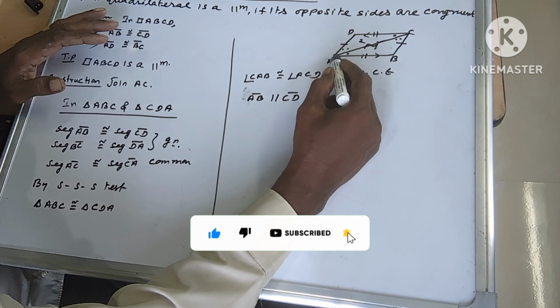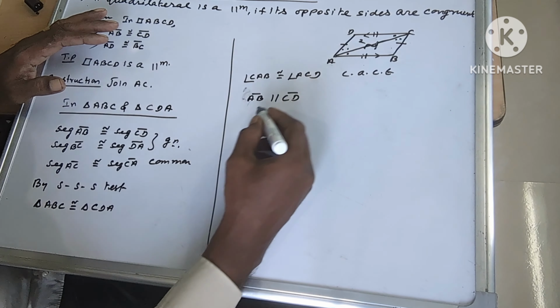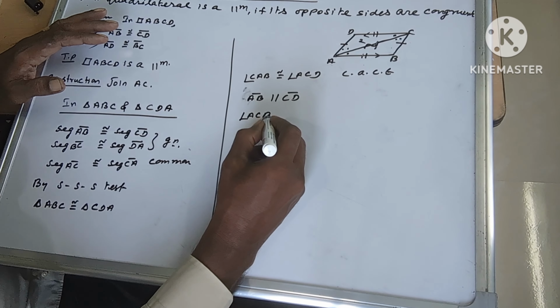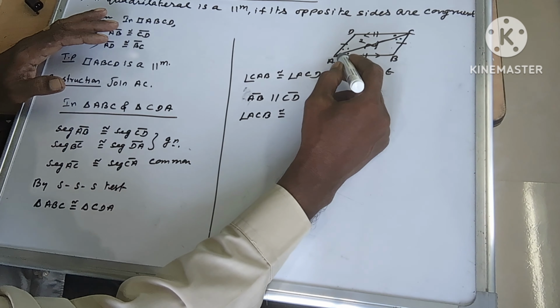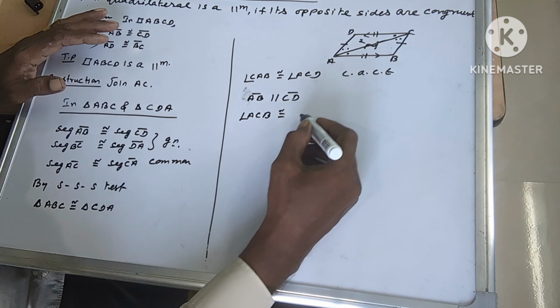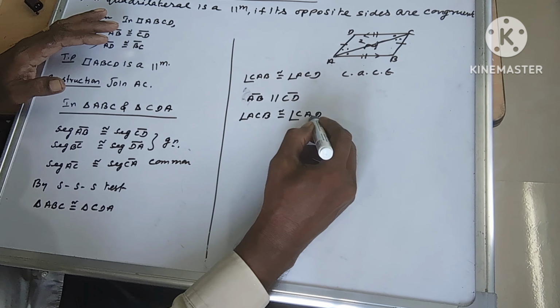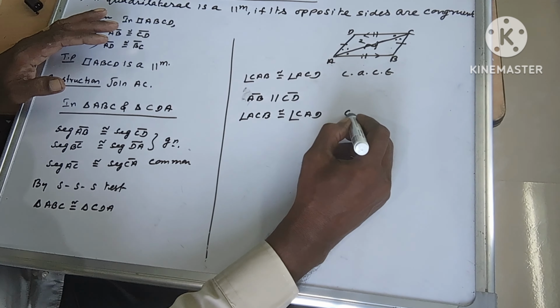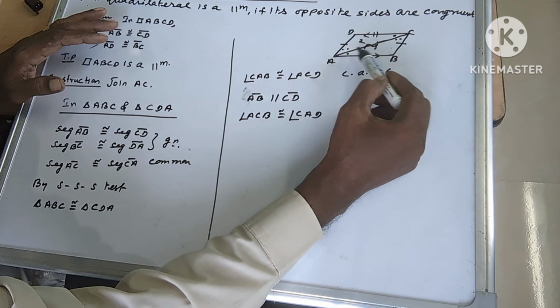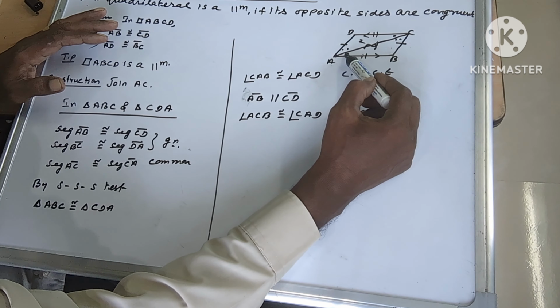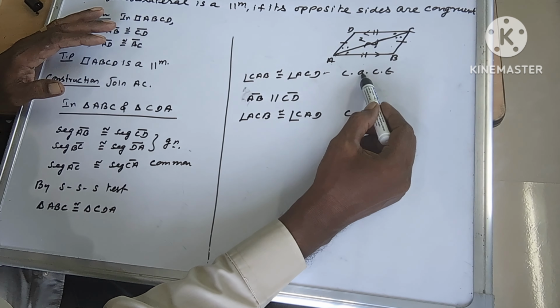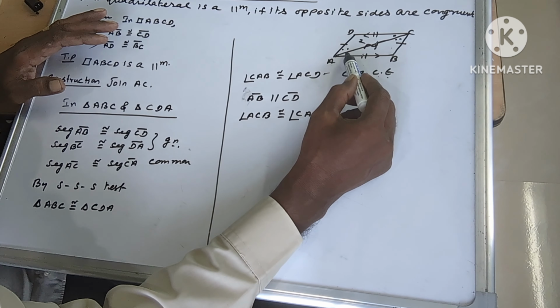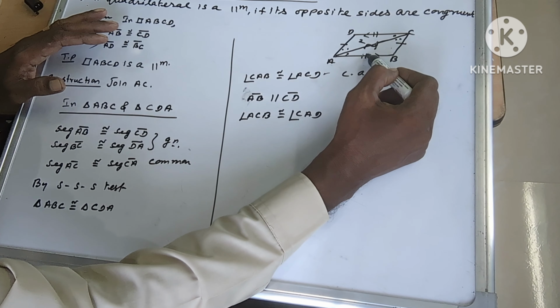In the same way, angle ACB is congruent to angle CAD, the double-dot angles, again as corresponding angles of congruent triangles. Therefore these two angles are congruent, and these two lines are parallel.